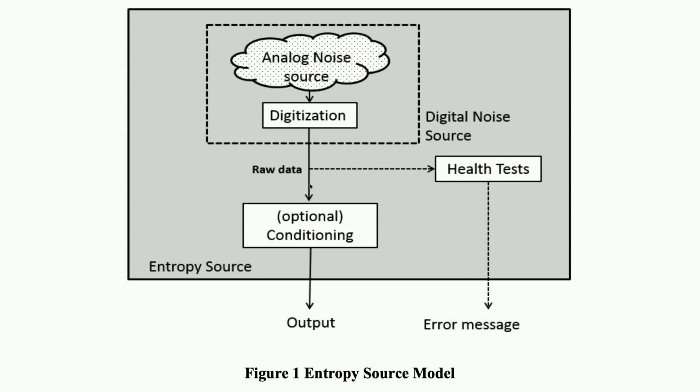And then the data also goes to the conditioning component. Now it says here it's optional, and it isn't really optional because the ways in which it could be optional are, first, that you have a perfect analog noise source that's producing perfectly random data, but that thing cannot exist in this universe. So that's not really practical.